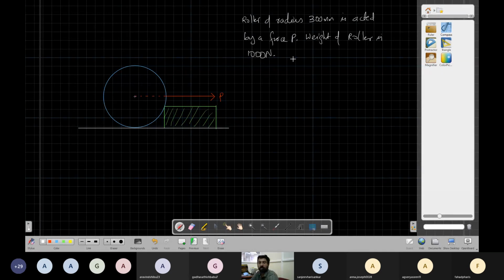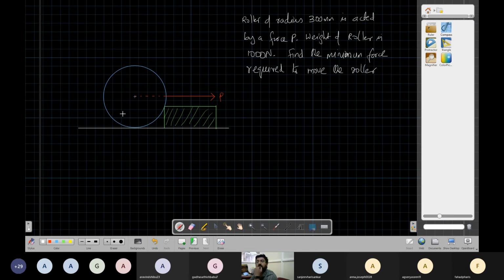Find the minimum force required to move the body.